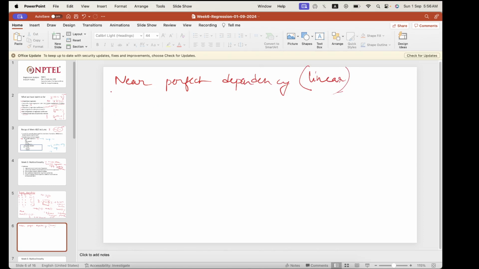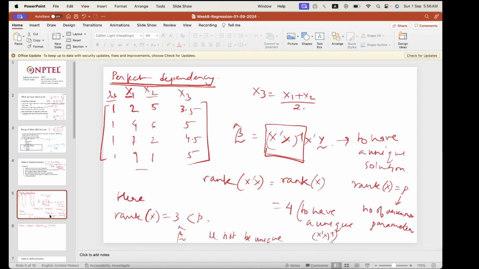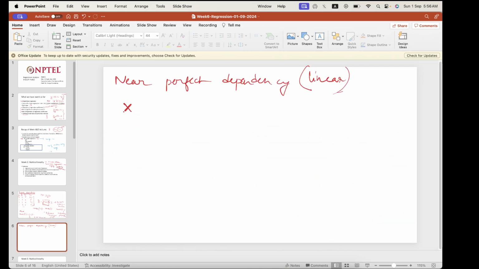Let's say we have this X that we were talking about, and the correlation between x1 and x2 is not equal to 1, but is very high, let's say 0.9.